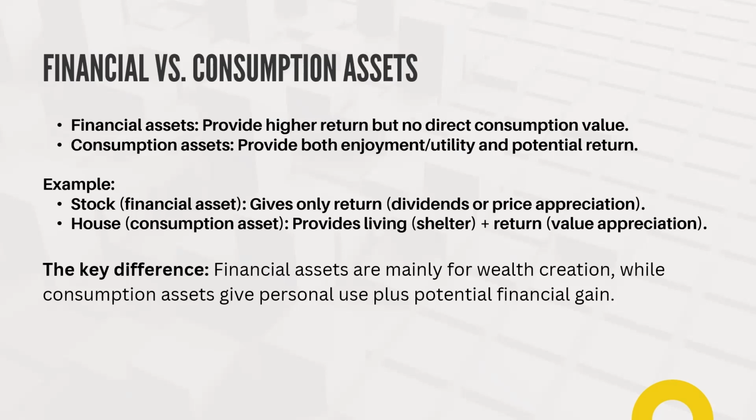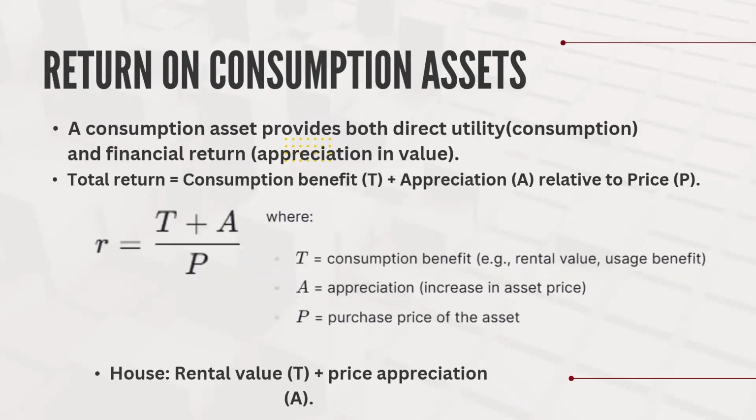House, a consumption asset, provides us living or shelter plus return, which is value appreciation over time. We know that over time an asset can increase its value. So the key difference is financial assets are mainly for wealth creation, while consumption assets give personal use plus potential financial gain.